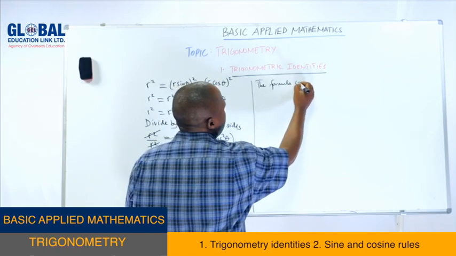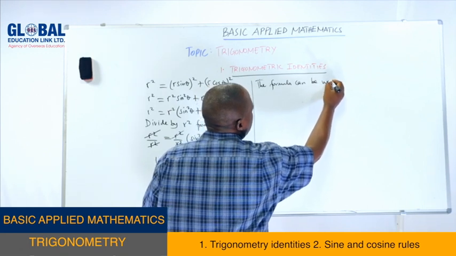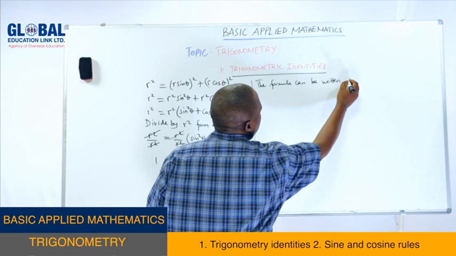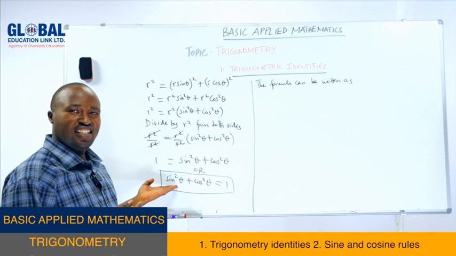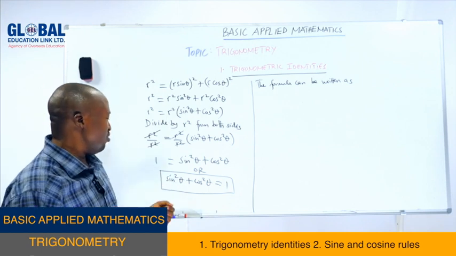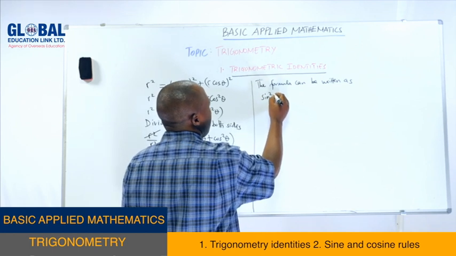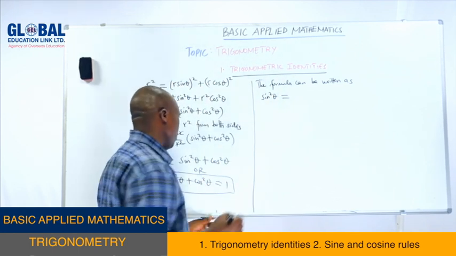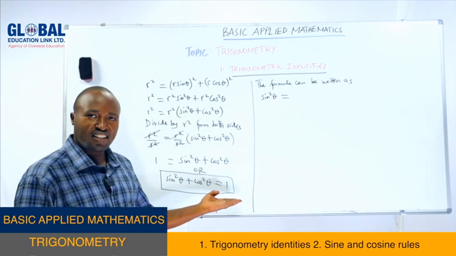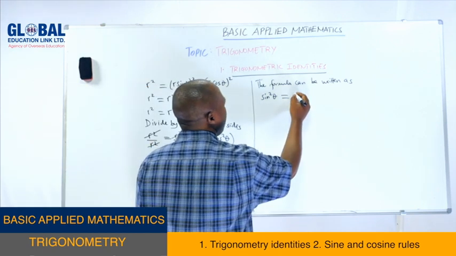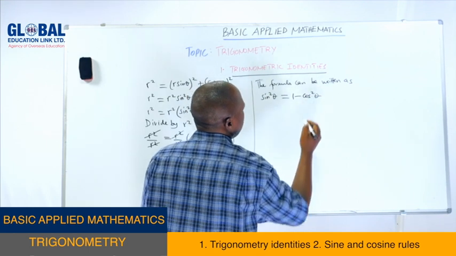The formula can be written, on making sine squared the subject, as sine squared theta is equal to, we shift cos squared to the right hand side, 1 minus cos squared theta.